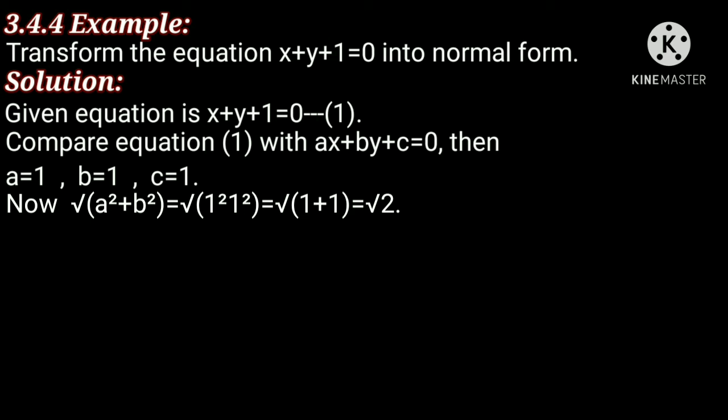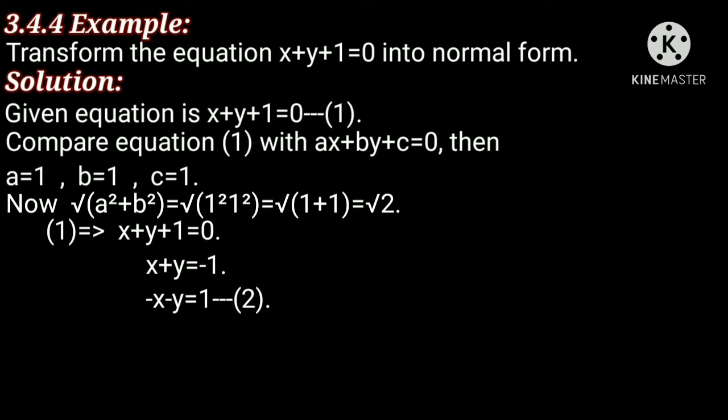Next we write the given equation in ax plus by equal to c form. Then equation 1 implies x plus y plus 1 equal to 0. From this x plus y equal to minus 1. Here the constant term has a negative sign, so we multiply the whole equation by minus 1, then minus x minus y equal to 1.